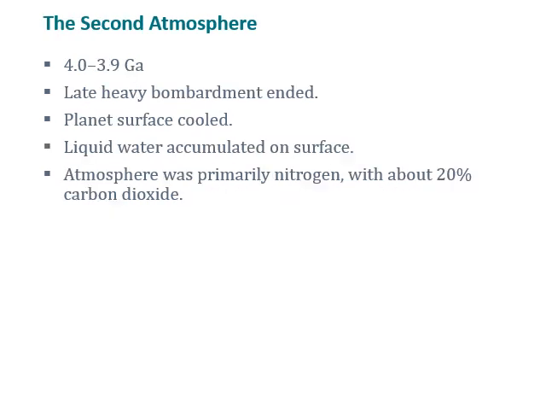Earth's second atmosphere occurred at the end of the late heavy bombardment, and Earth's planetary surface cooled and began to accumulate liquid water. This was primarily nitrogen atmosphere with about 20% CO2.